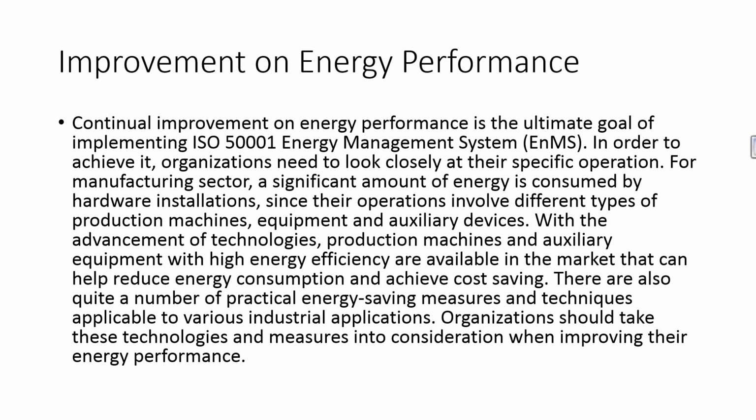For the manufacturing sector, a significant amount of energy is consumed by hardware installations, since their operations involve different types of production machines, equipment, and auxiliary devices. With the advancement of technologies, production machines and auxiliary equipment with high energy efficiency are available in the market, and they can help reduce energy consumption and achieve cost saving.